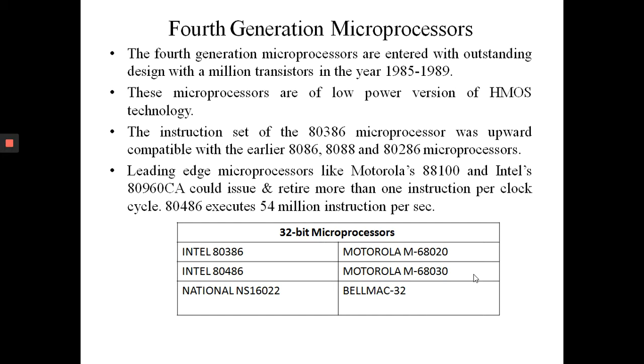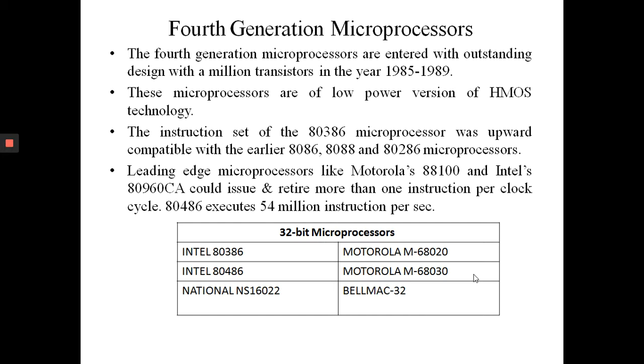Leading microprocessors like Motorola's and Intel's could issue and retire more than one instruction per clock cycle. 80486 executes 54 billion instructions per second.